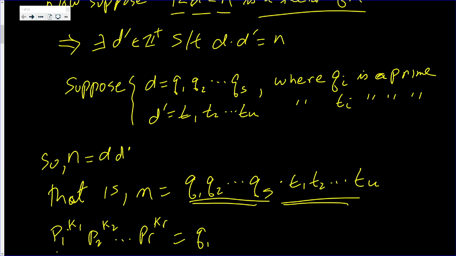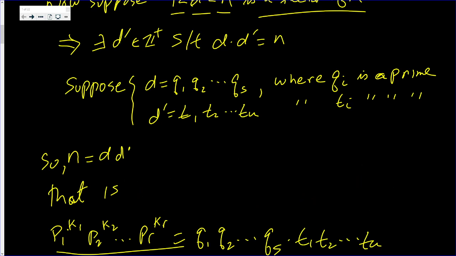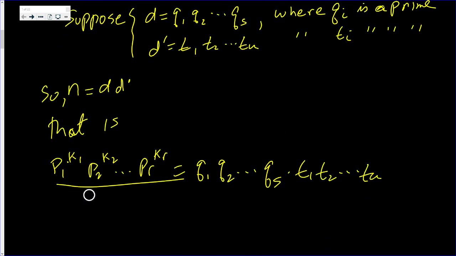I just want n written out in front of us, times t1, t2 up to t sub u. So that is that. Now, we have this prime factorization equaling a product of those.